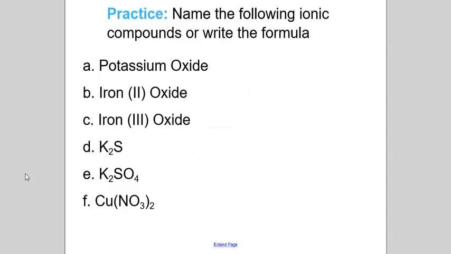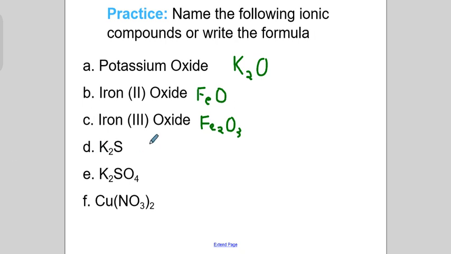So name the following ionic compounds or write the formula. I'm going to, again, say you should probably pause it and do this. It's just quick review from honors. And there you have it. So there's at least the compounds for the first 3. Potassium oxide is K2O, iron 2 oxide is FeO, iron 3 oxide is Fe2O3 because of the charge difference.